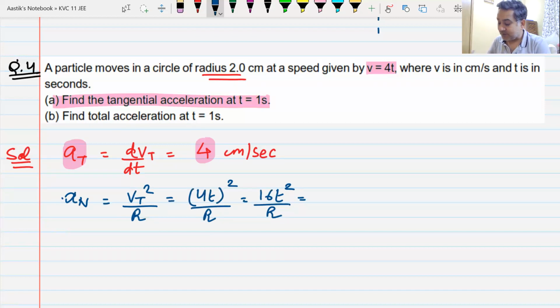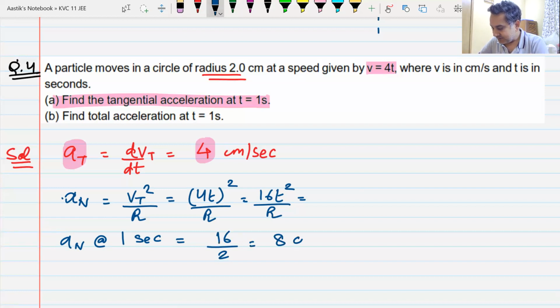You have to find it at 1 second, so put the value of time as 1 second. So it will be 16 divided by R. R is 2 centimeter. Let us keep it in centimeter only. The answer here would be 16 by 2, 8 centimeter per second square.